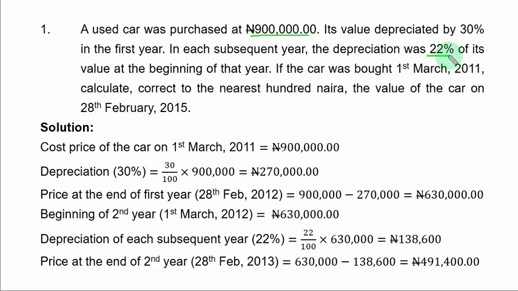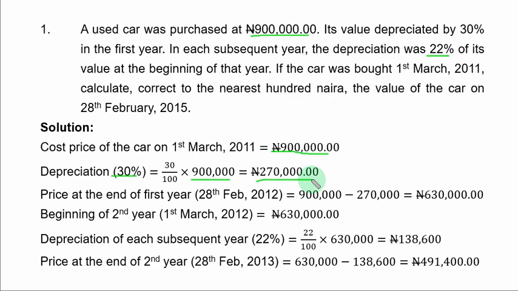Solution. As at 1st March 2011, the cost price of the car is 900,000 naira. In the same year, the depreciation is 30%. So you calculate 30% of 900,000, and that gives 270,000 naira. Now, the price at the end of the first year.